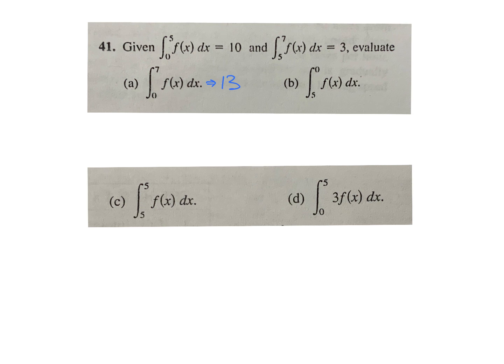So on part B, it says the integral from 5 to 0 of my function. Now, I don't know the integral from 5 to 0 because it didn't tell me yet, right? But I do know what 0 to 5 is, 10. So which way did it go now? Now it goes from 5 to 0, so it's going backwards. It's negative 10. Exactly. So if we ever flip our limits, it's negative.